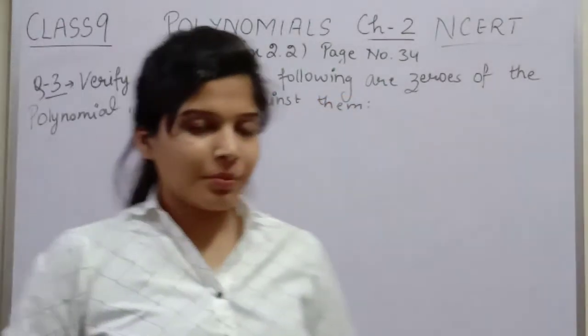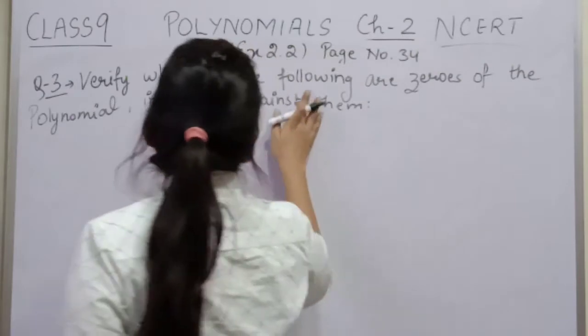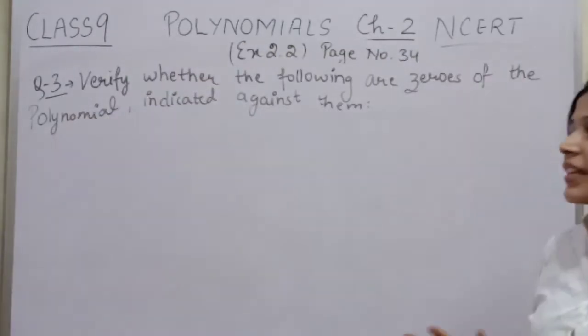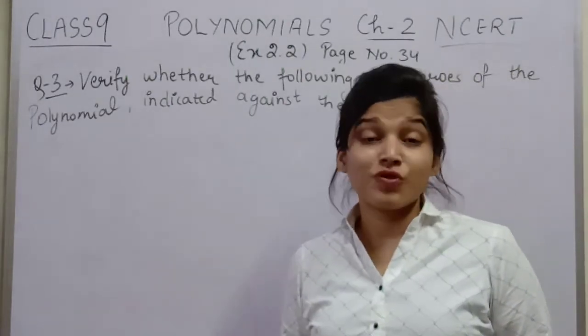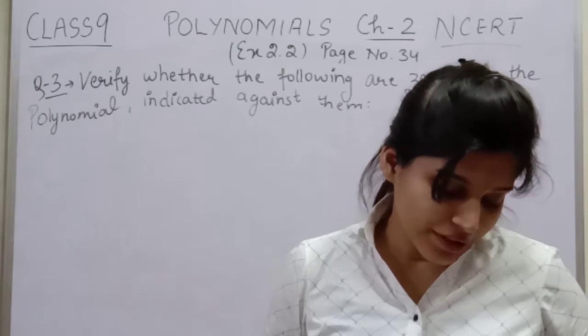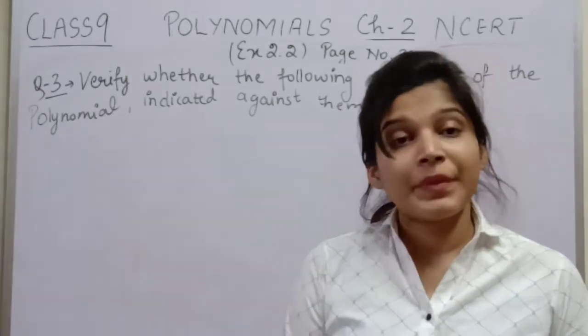So basically what we have to do is tell whether the zeros given in the question are actually zeros of the polynomial or not. So verify whether the following are zeros of the polynomial indicated against them.